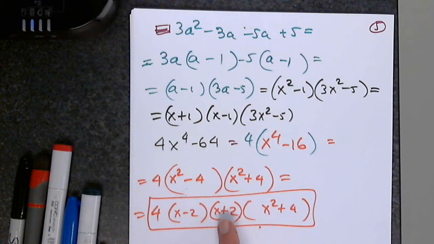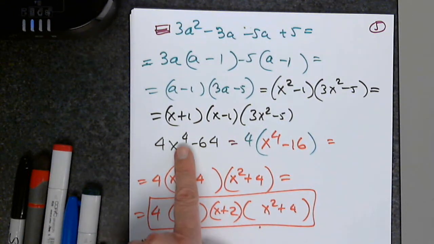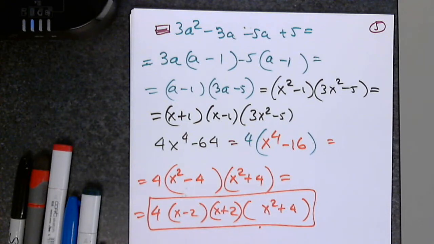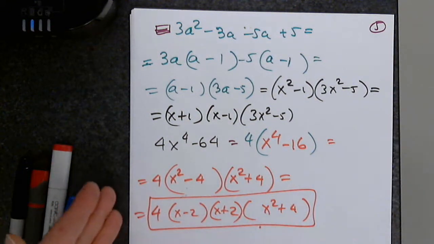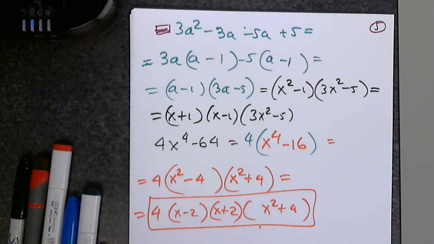So degree 2 times degree 1 times degree 1 will be degree 4. But since I cannot factor this one, if I'm asked to solve, I will still get 4 solutions. Because from here, remember, I can solve x squared plus 4 equals 0, take 4 to the other side, it's a negative number, and I get the number i.